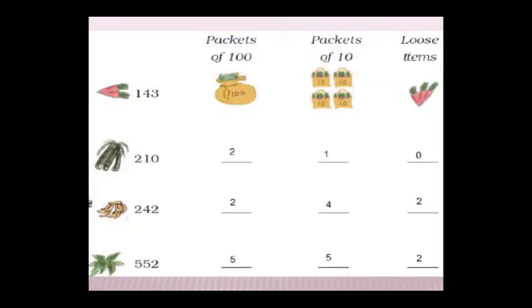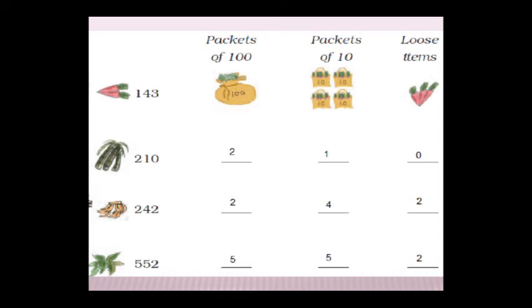Packets of 100, packets of 10, and loose items. See, 210. In 210, how many packets of 100 can you make? 2 packets. See, 200, so 2 times 100 means 200. 2 packets of 100 you can make, and 1 packet of tens, because in tens place 1 is there. 1 packet of tens and 0 loose items. Next, 242.